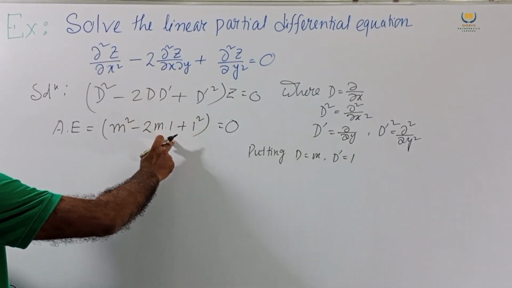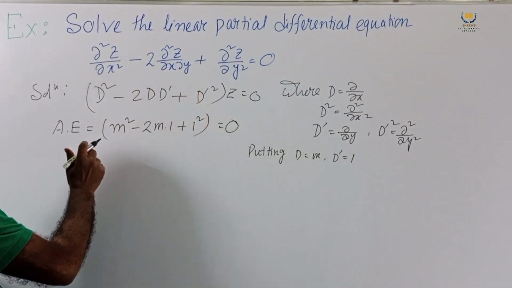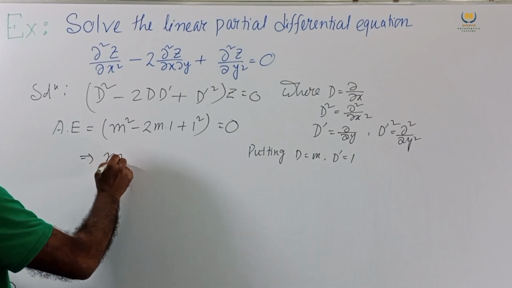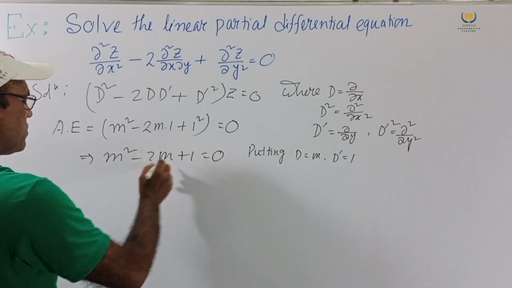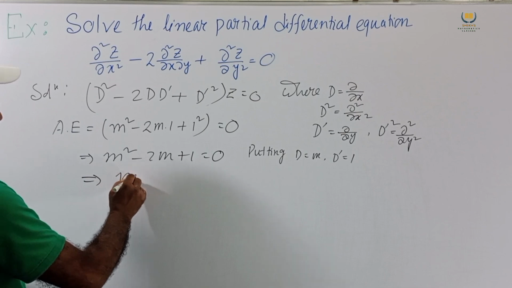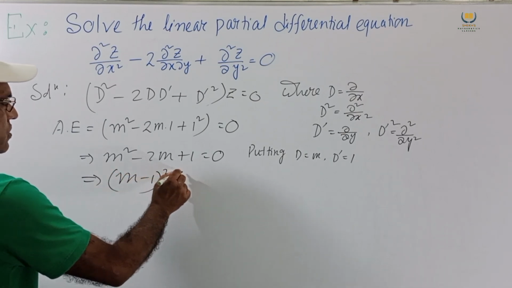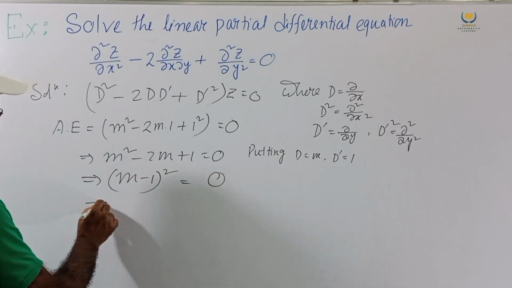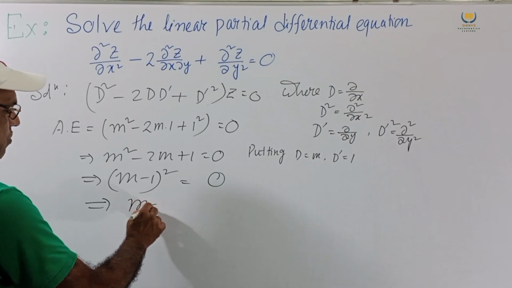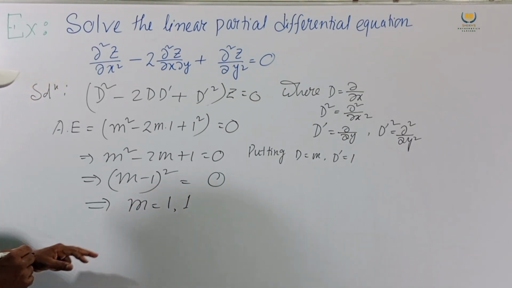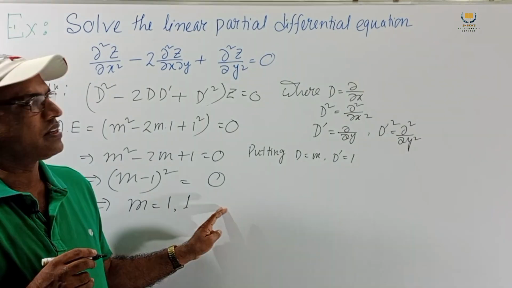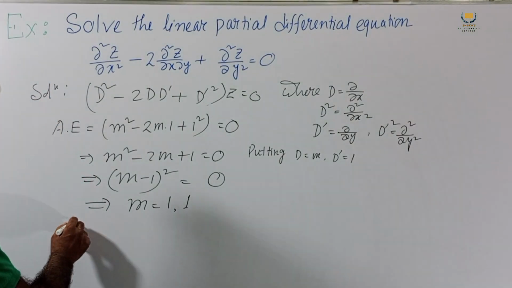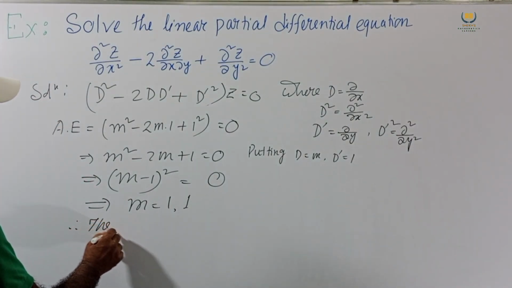This implies m square minus twice m plus 1 equal to 0. This is m minus 1 whole square equal to 0. So we get m equal to 1, 1. Two roots we get, but both are equal roots.